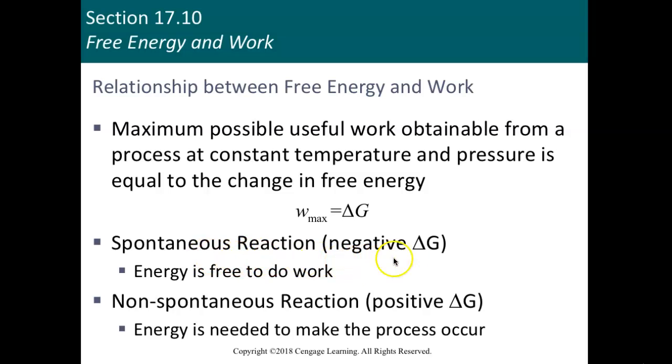So in a spontaneous reaction where you have a negative delta G, the amount of delta G is the energy that is able to do work. In a non-spontaneous reaction, delta G equals the amount of energy that's needed to make that process occur.